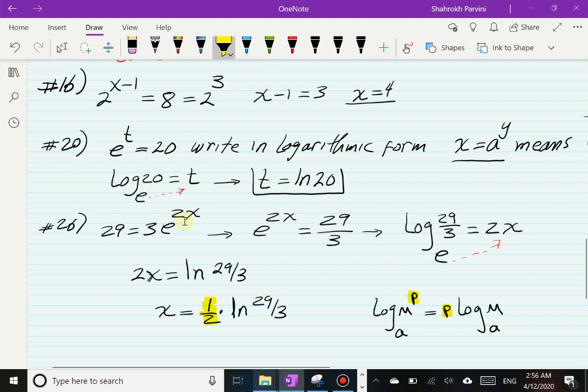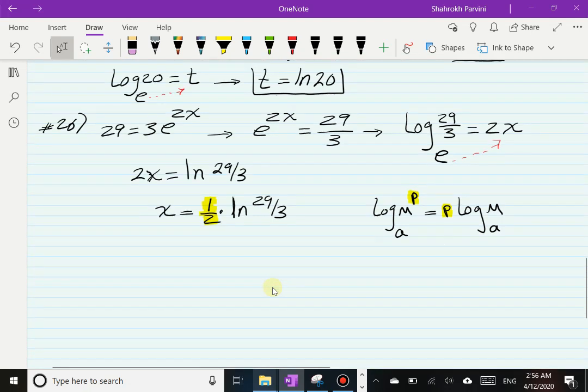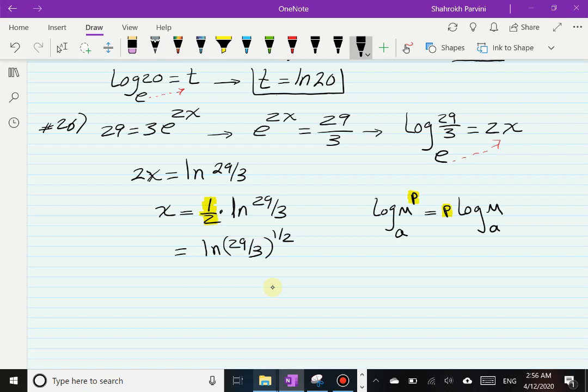I'm looking at 1/2 here, and I'm looking at p here. So I can actually move p as an exponent on the argument m here. So in other words, I'm going to move 1/2 as an exponent on 29/3. The argument is 29/3. So this is going to make it equal to ln of 29/3 to 1/2.